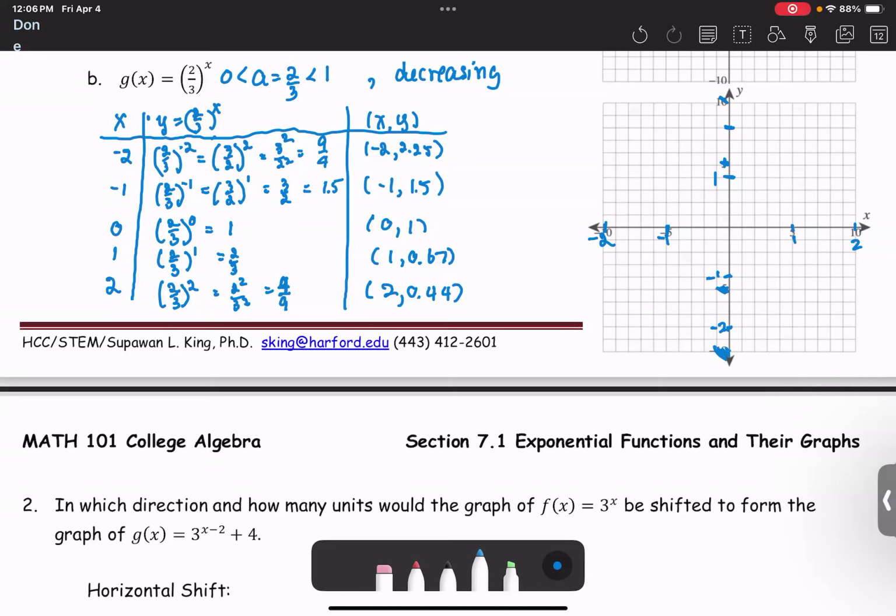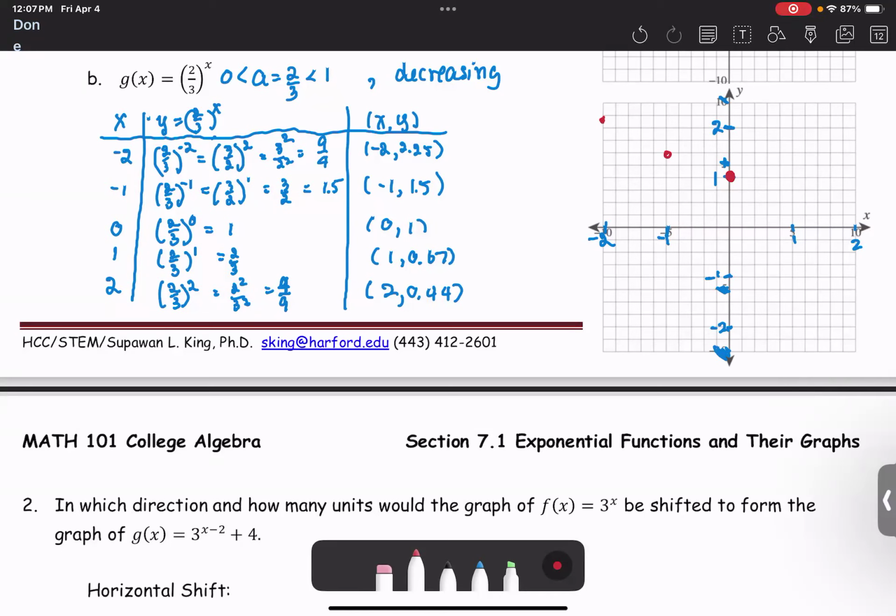So the first point, negative 2, 2.25. This is 2. So 2.25. So 1 mark here is 0.5. So gonna be somewhere up here. And then negative 1, 1.5. 0, 1, which is the y-intercept. 1, 0.67.